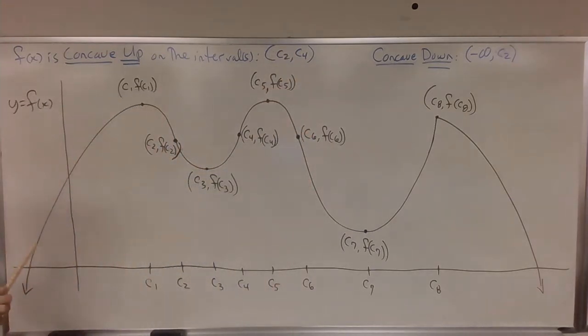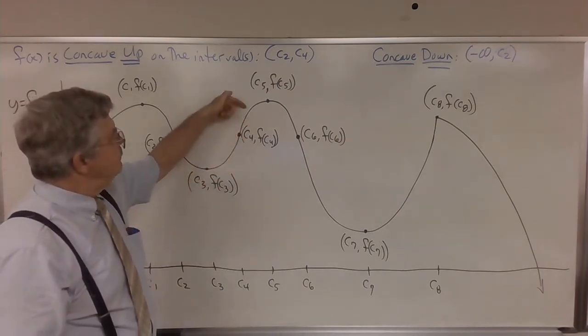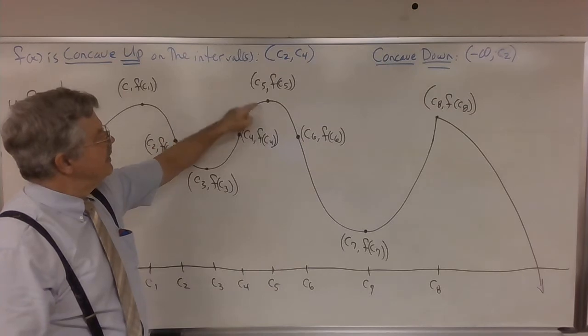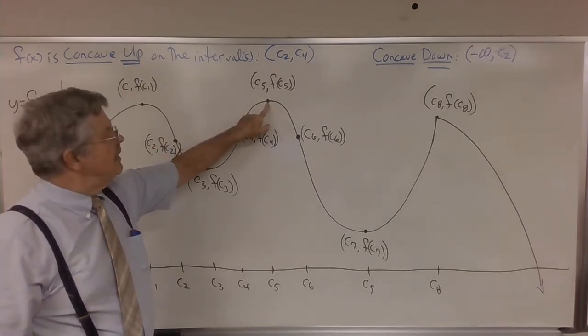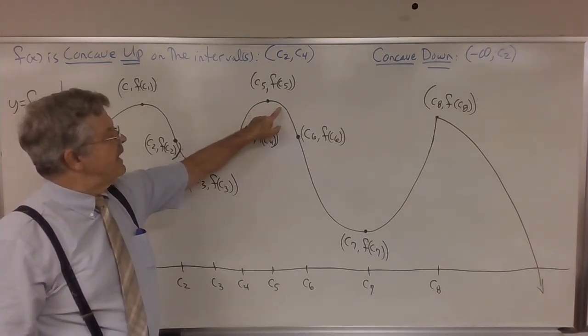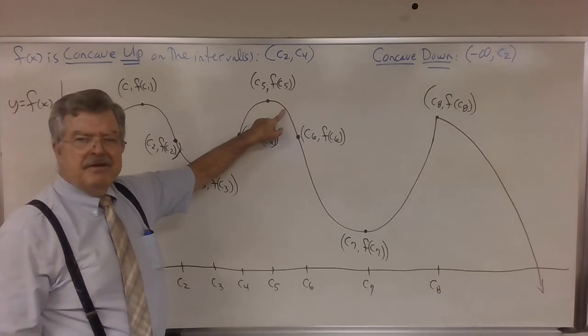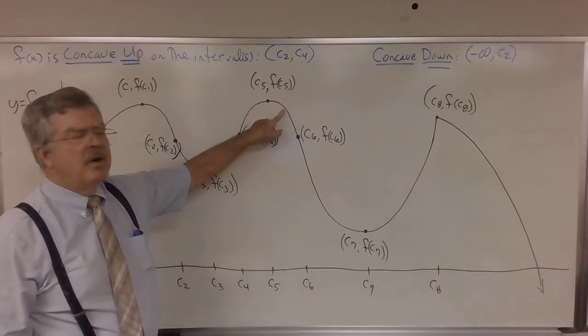Now, if we keep on going, the graph's concave down here, and at this point we have a relative maximum, and as we go from left to right past the relative maximum, it still looks like the graph is concave down here, doesn't it? It's not holding water.